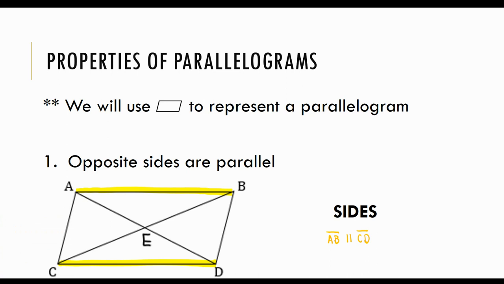But there are 4 sides in this figure. So notice that the side AC is never going to touch the side BD. So there's another pair of opposite sides that are parallel. So the side AC is parallel to the side BD. Okay, we've run out of sides, so I can't say anything else is parallel. But based off of that figure, here are the 2 sets of sides that are parallel. So that's my first property.